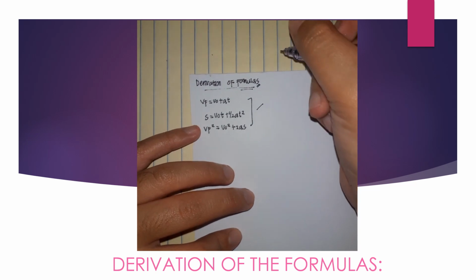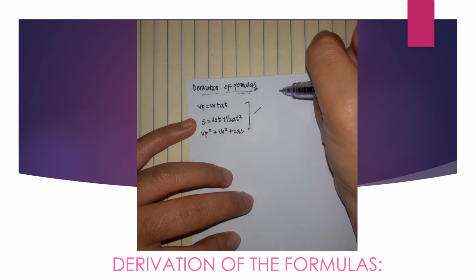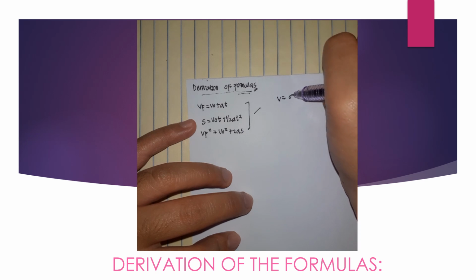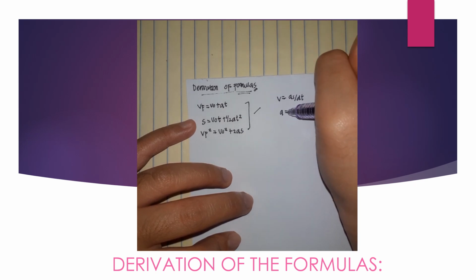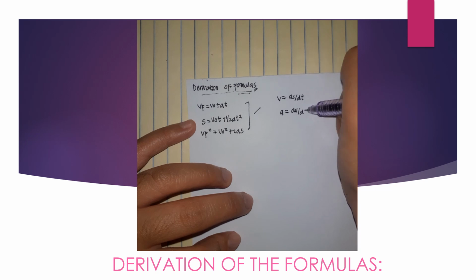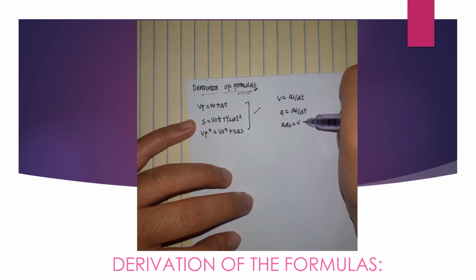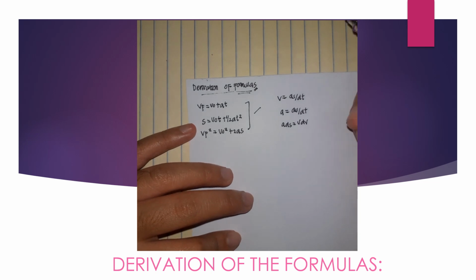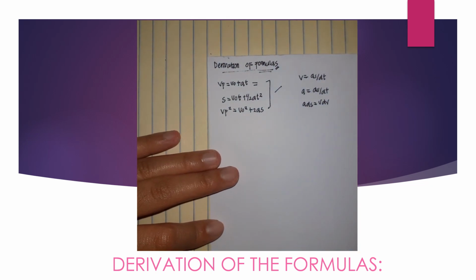Remember, these are our formulas from variable acceleration: a = dv/dt, and a ds = v dv. We will derive this equation first.